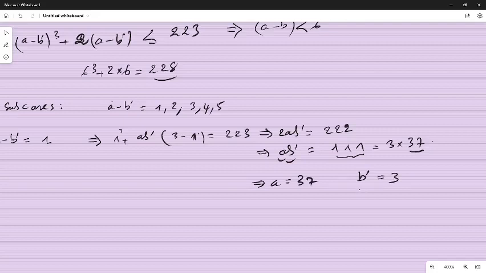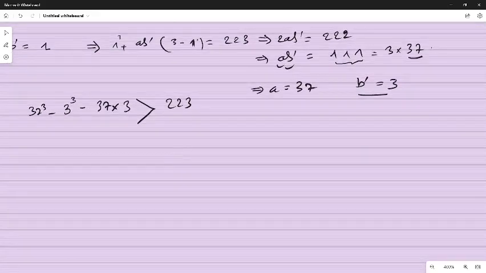But this is not a solution because 37 cubed minus 3 cubed minus 37 multiplied by 3 is greater than 223.